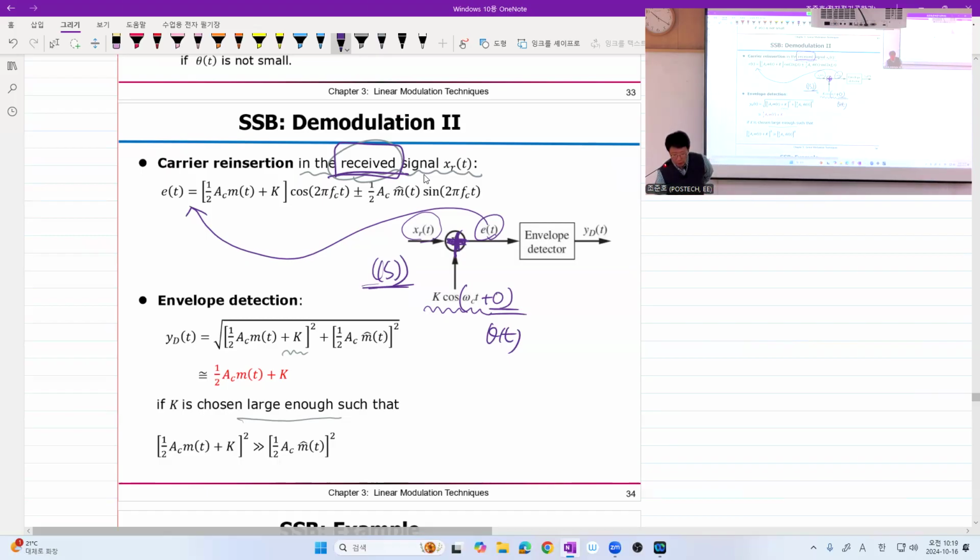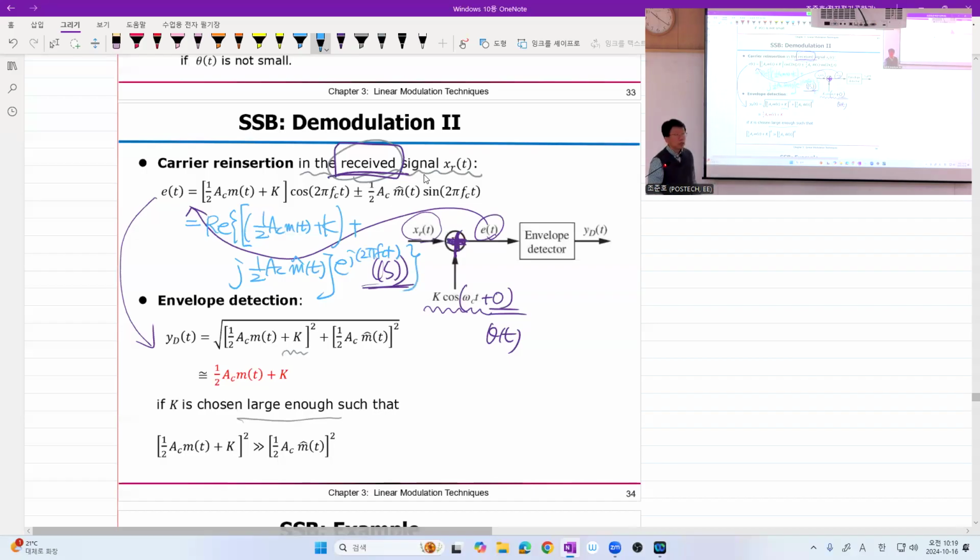Now, from here to there, our textbook does not say much, but as I already emphasized, you must be able to instantly change this one like this.